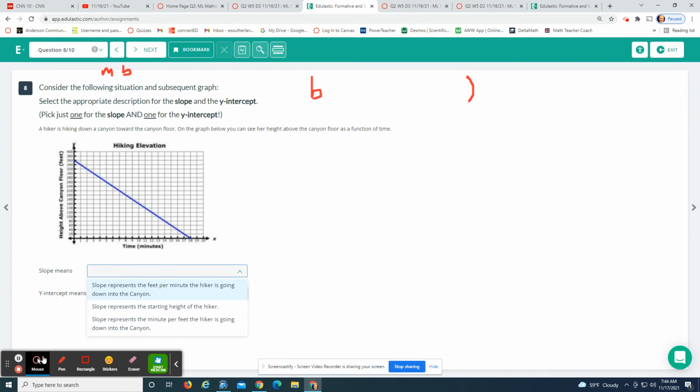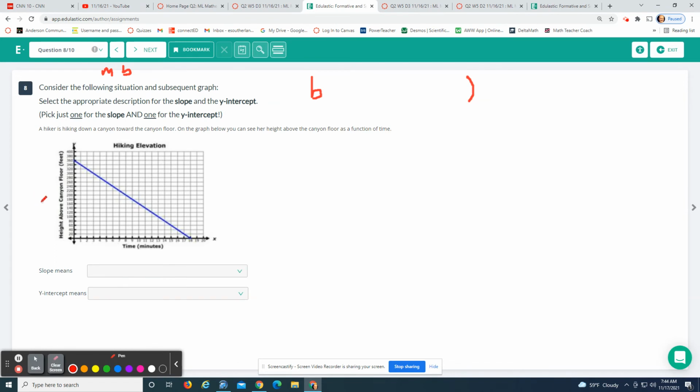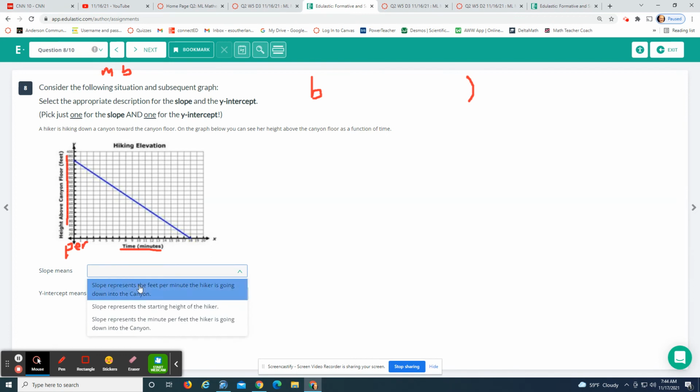If you remember from the last time, it's always going to be the title of this per the title of this. And so slope literally means height above canyon floor per minute. So when I choose my option, I want to go with one that sounds like that.